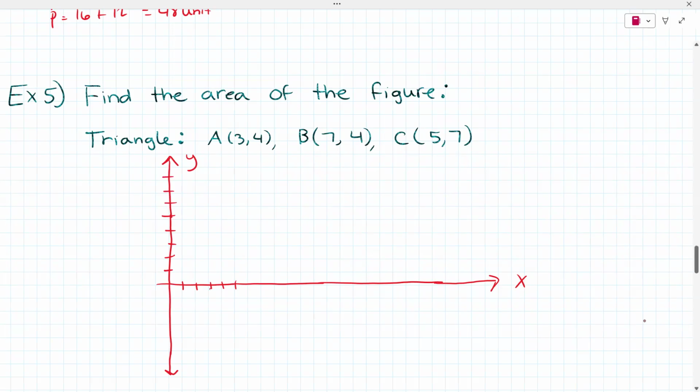Here's 3, and we go up 4. Point B is 7 comma 4, so 3, 4, 5, 6, 7, and up 4. And then C is 5,7. Here's 5, and then up 7, right here. You connect the dots A, B, C.